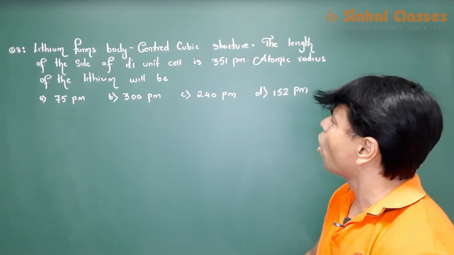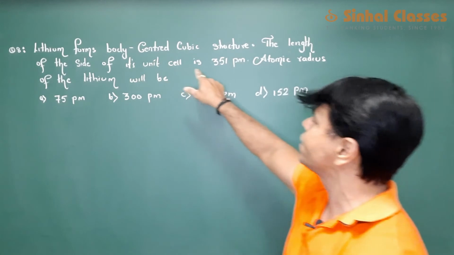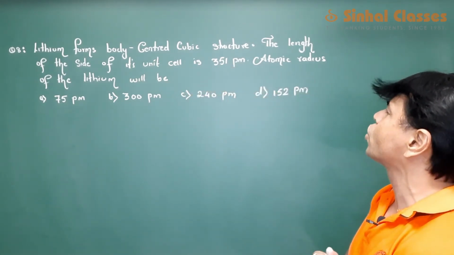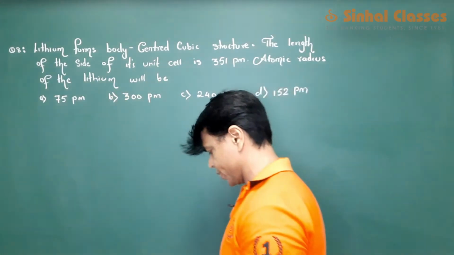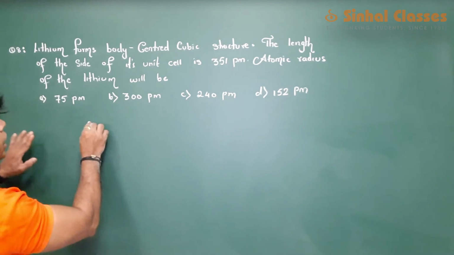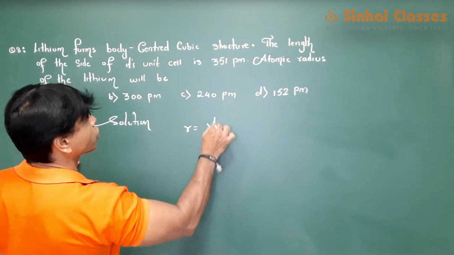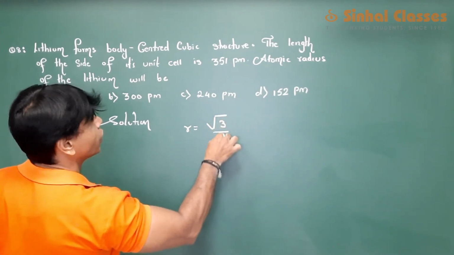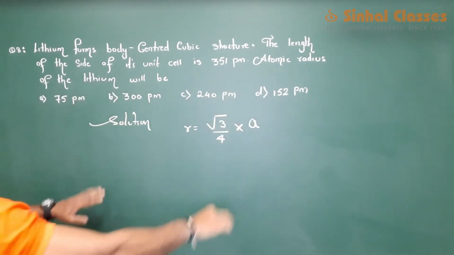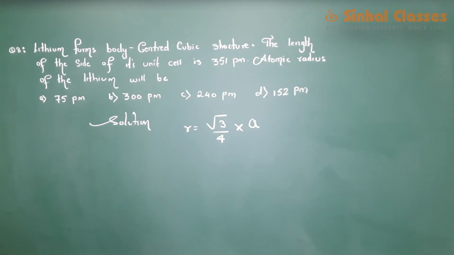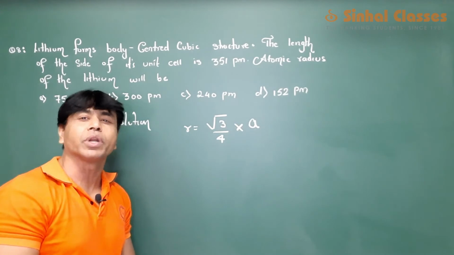Lithium forms body-centered cubic structure. The length of the side of its unit cell is 351 picometer. Atomic radius of lithium will be? Now, we know that for a body-centered cubic structure, the radius is given by the formula root 3 by 4 into a, where a is the length of the side of the unit cell.